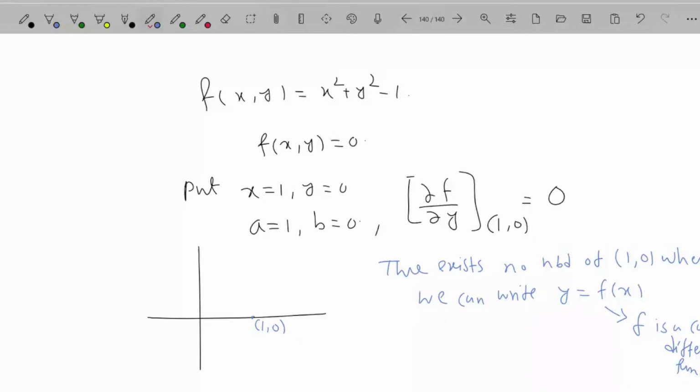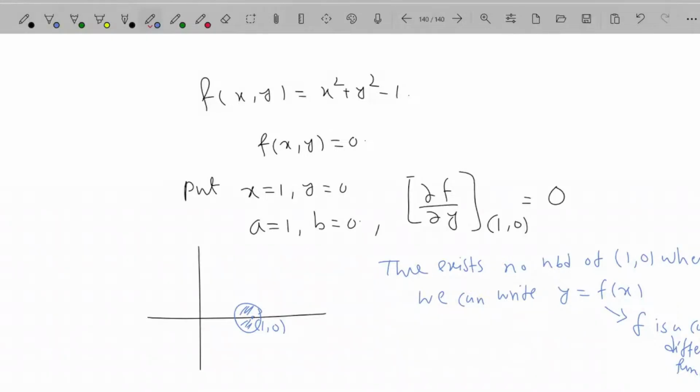Because whatever neighborhood you consider, it will contain some negative part as well as positive part. Because of that, you will not get a continuously differentiable function.